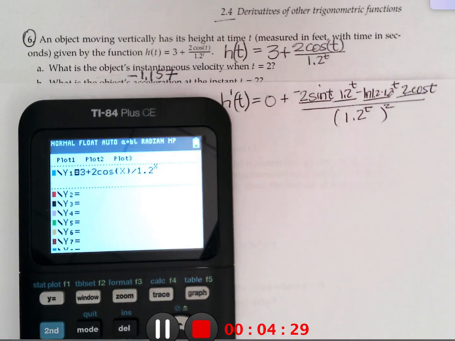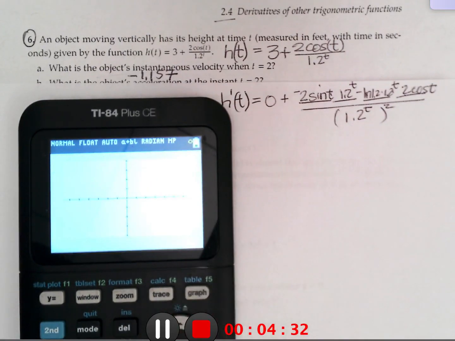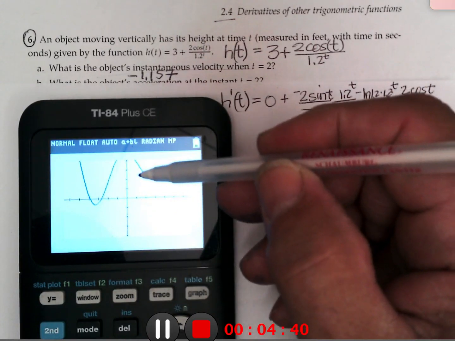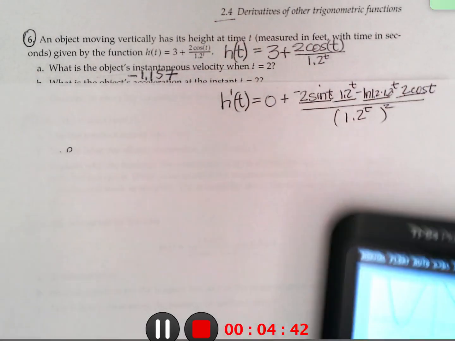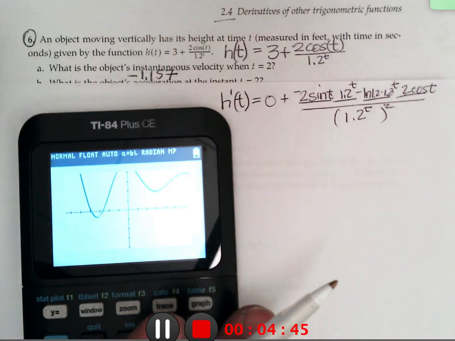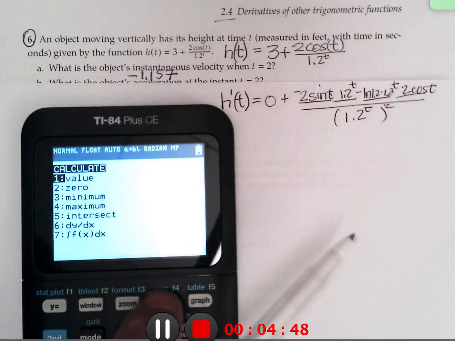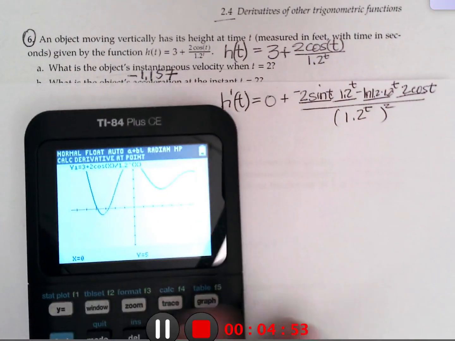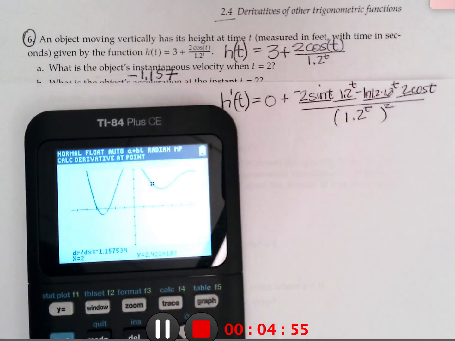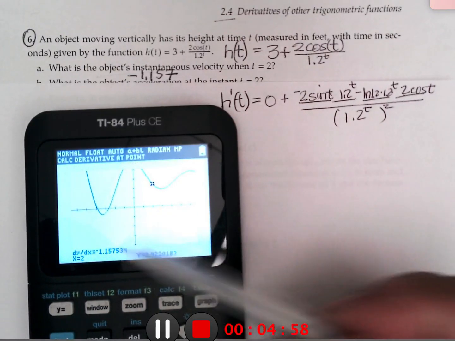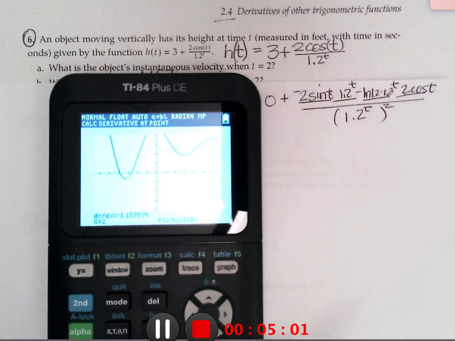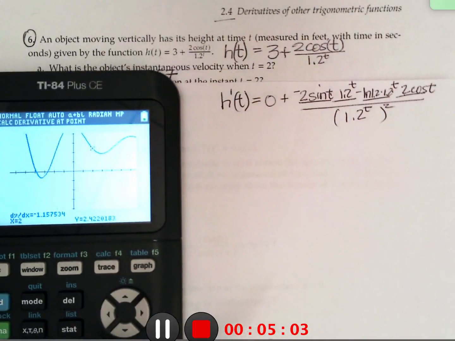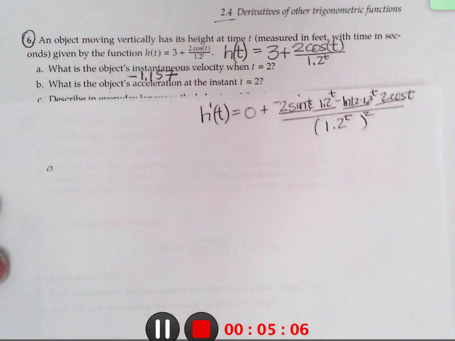And if I push graph, at 2, it looks like it has a negative slope of a little over 1. Well, that's what we got. And we'll check it here. Second, calculate the slope at 2, and it says it's negative 1.157. Okay? So I did a check on that.